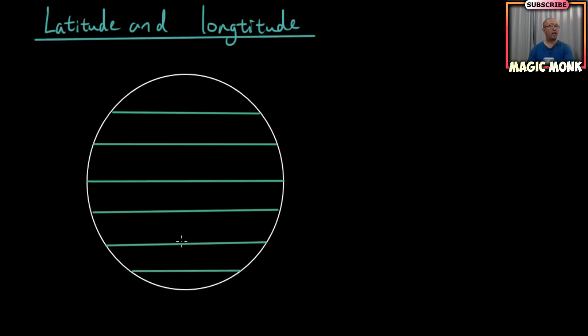Then what's going to happen is, if the circle was in 3D, and each of these lines went all the way around the sphere, then the longest circumference is going to be in the middle here. This middle line is going to have the longest circumference around the sphere. So this is what we call the great circle.